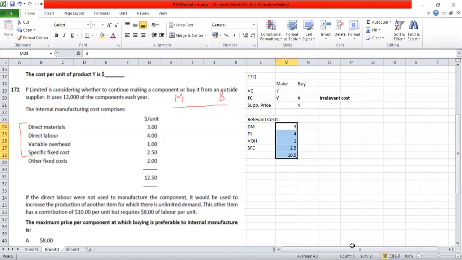There is no supplier's price given. What the question says is, what is the maximum price per component at which buying is preferable to internal manufacture. Which means that the buying price should be less than the relevant cost if it is made.